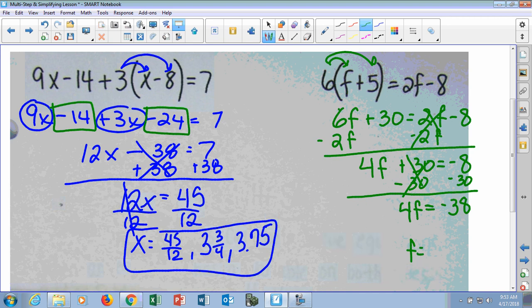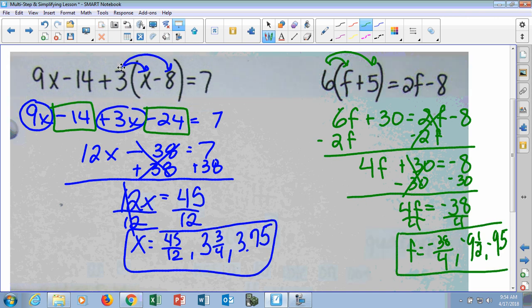Joey? Divide by 4. So I get negative 38 fourths. Or that's negative 9 and 2 fourths, which is negative 9.5. All those answers are correct. Any one of the three. It's the same number written in three different forms. Thanks, Joe.